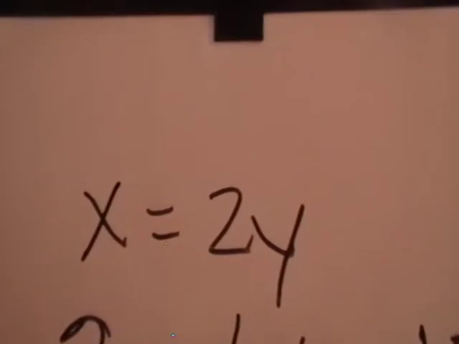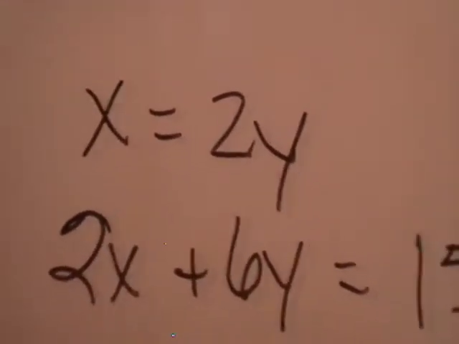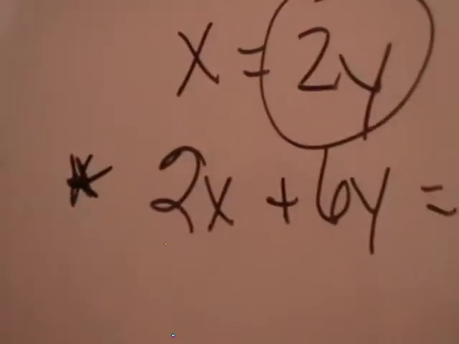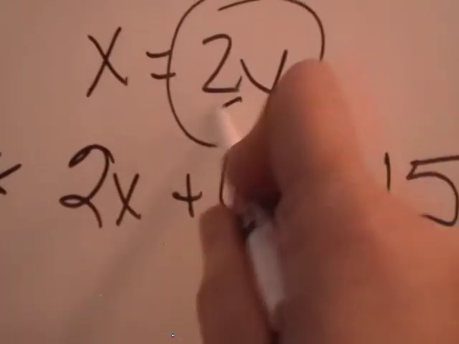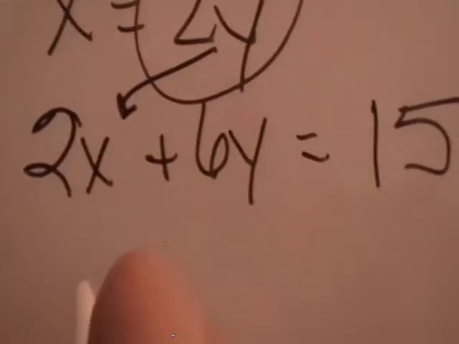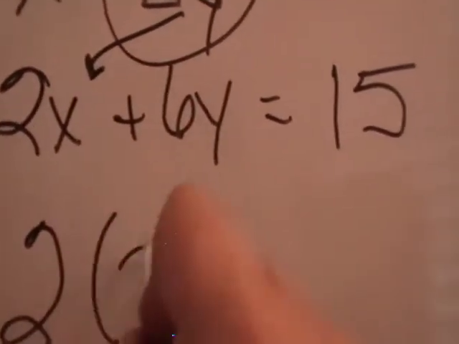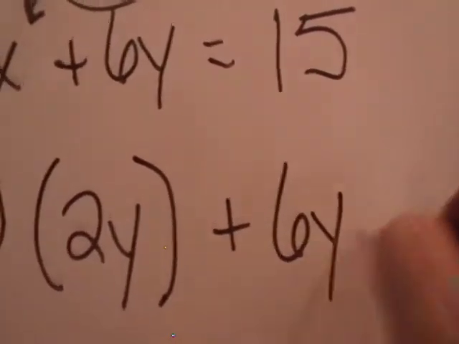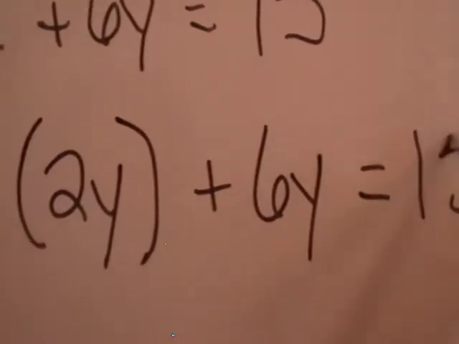What does x equal? x equals 2y. So every time I see an x in this second equation, I'm going to put in 2y for it. So I'm going to have 2 times 2y plus 6y equals 15.